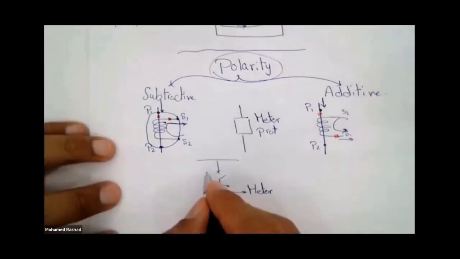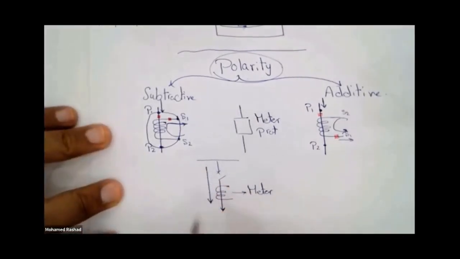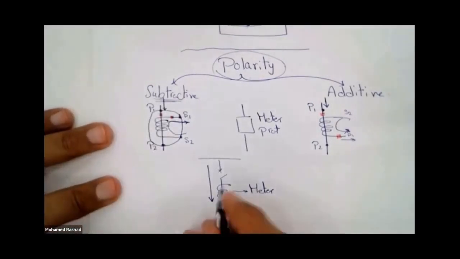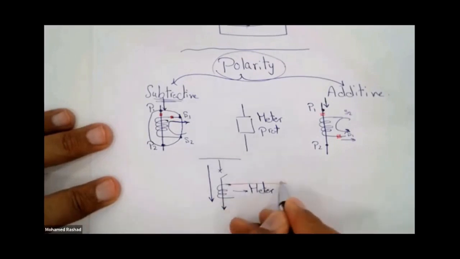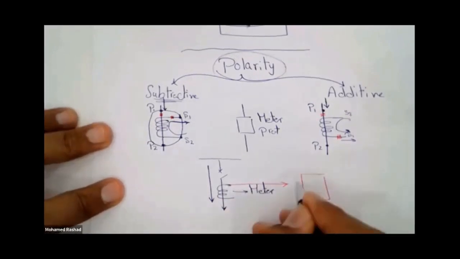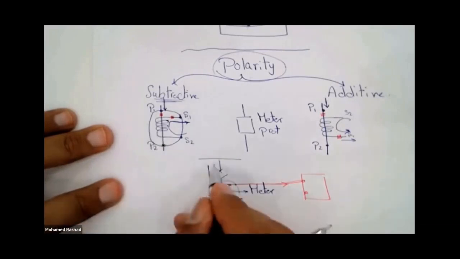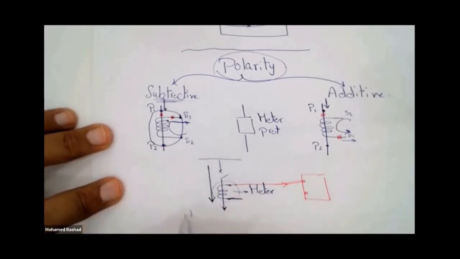So if the currents in the primary are moving in this direction, and the currents will exit from this direction, you have connected this terminal here. Well, if the polarity is subtractive and it is going like this, then the power is exported, going to your load.